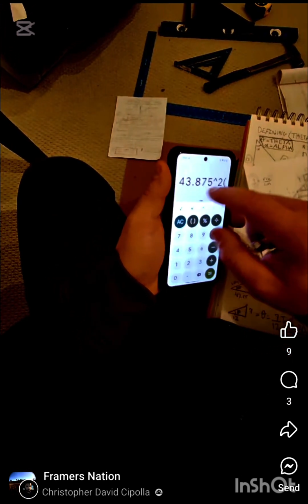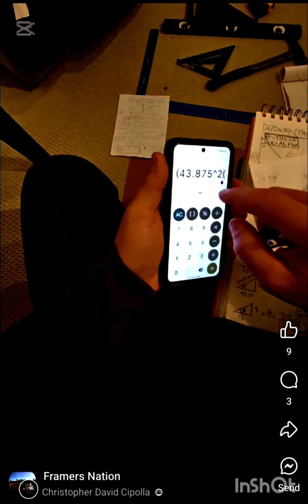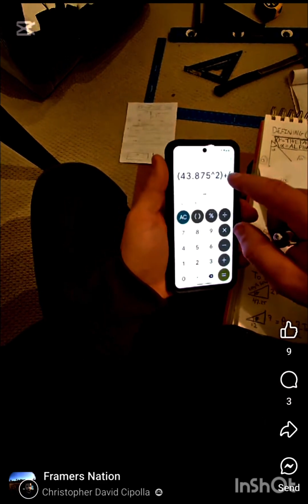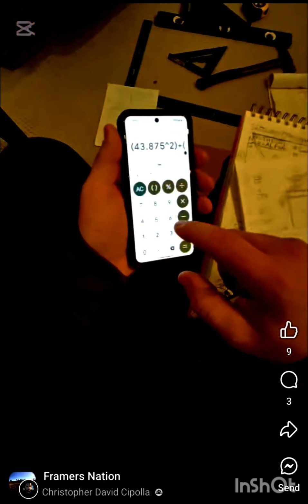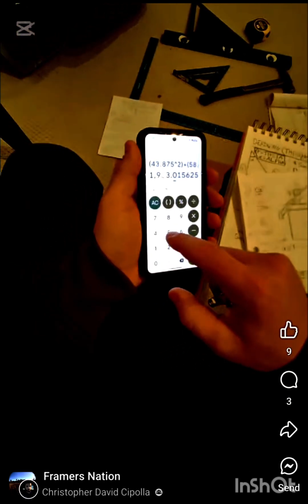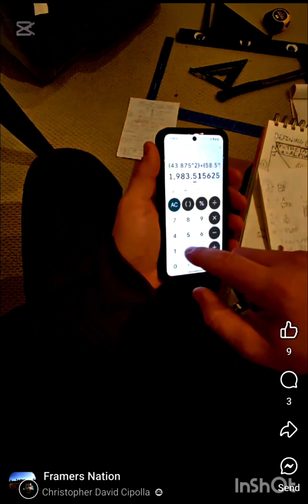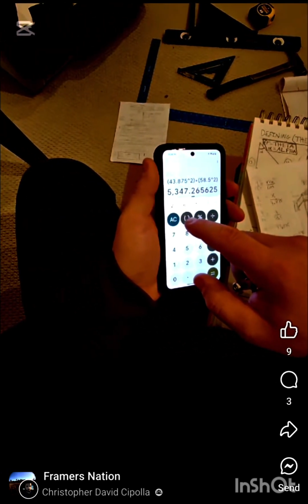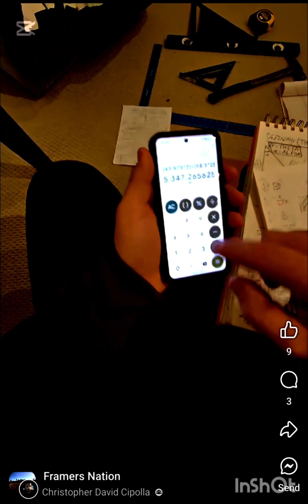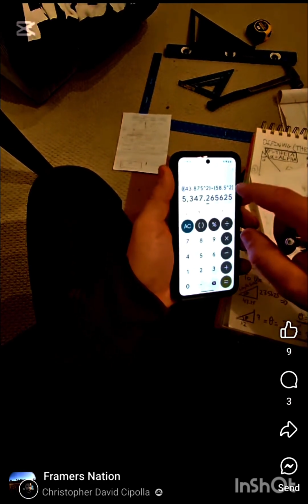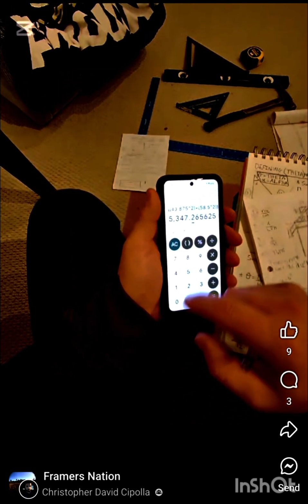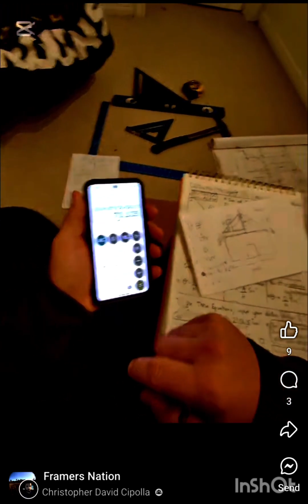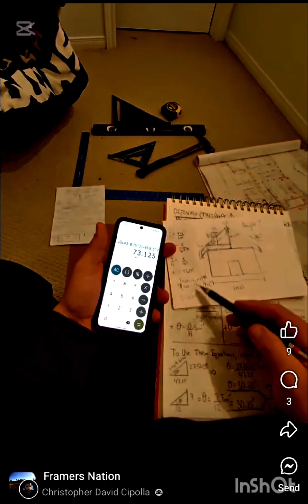Anyways, I'm going to put a bracket on this one, and then plus 58.5 to the power of 2, bracket, and so that's the order of operations. Now I've got to square root it, so I add another bracket like that, and then all of this gets square rooted to 73.125.